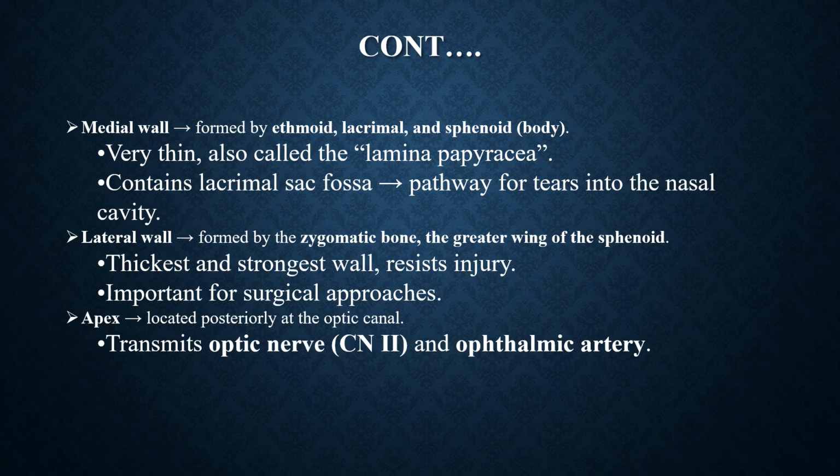Surgeries related to the interior part of the eye and the back can be done via the lateral wall. Then the apex is located posteriorly in the back, which houses the optic canal. It transmits the optic nerve, the cranial nerve number 2, and the ophthalmic artery to access the globe.